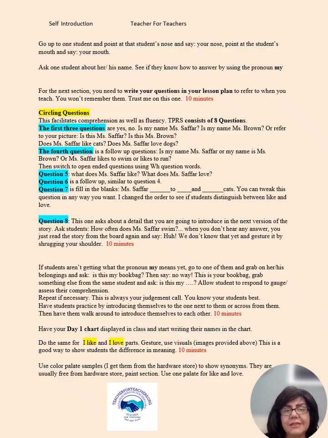Use this as your seed story, even though it's about Miss Safar, but it is really self-introduction altogether, because tomorrow you're going to teach them about food and drink vocabulary, yet you are going to refer to your self-introduction story again, and we'll see what that means. With that being said, the question would be, how often does Miss Safar swim?